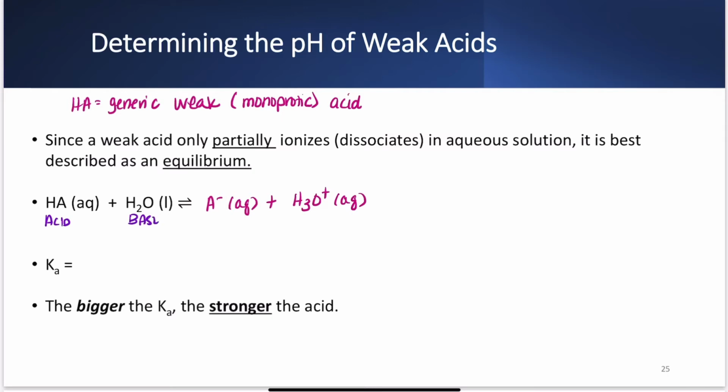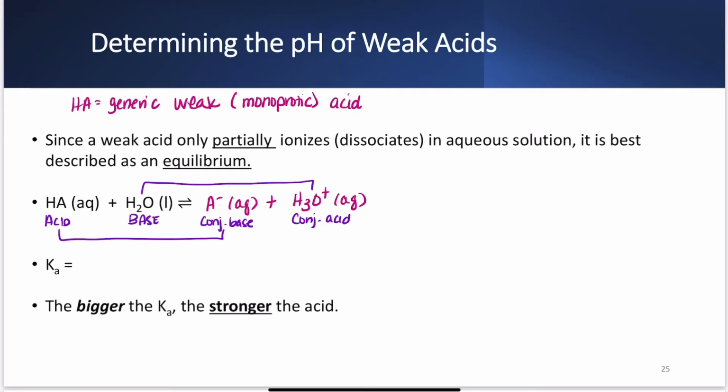Water's acting as your base. This is your conjugate base. And this is your conjugate acid. So if the reaction was flipped, A minus would accept a proton, H3O plus would donate a proton, hence the acid base. Again, HA, weak monoprotic acid, and A minus is just any -1 anion.